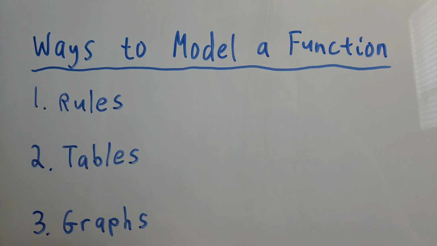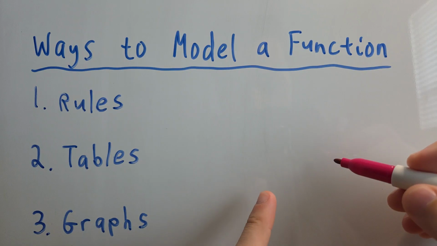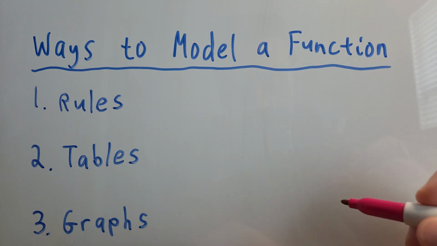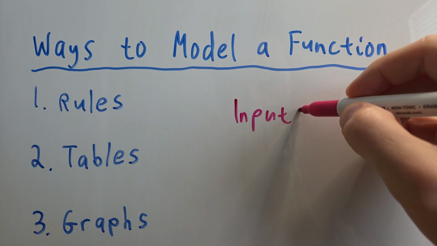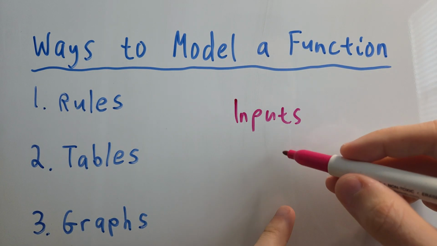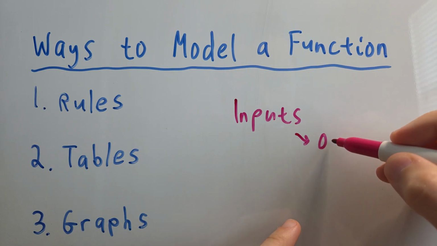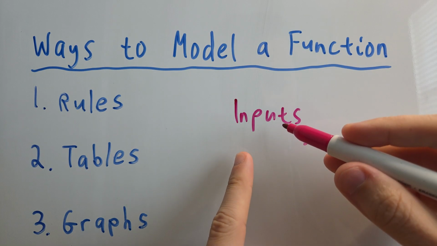So I briefly touched on this in an earlier video where I talked about how one of the variables depends on the other variable. So I talked about inputs and outputs. We input a value to our function with whatever rule it may be, and then we get an output. What goes in? A value.